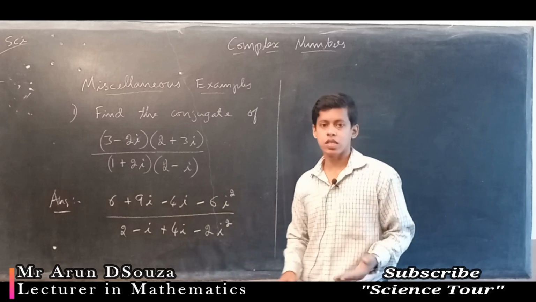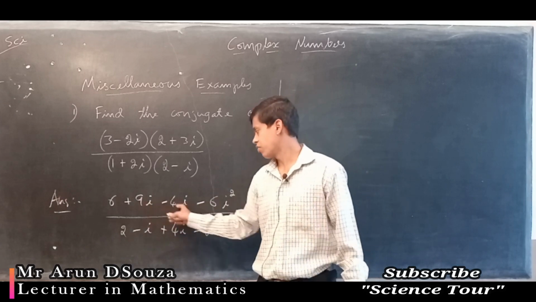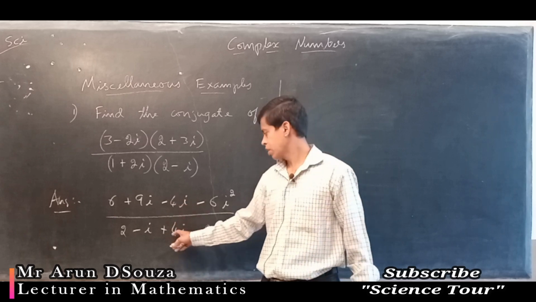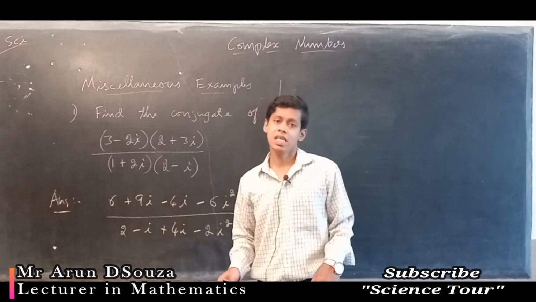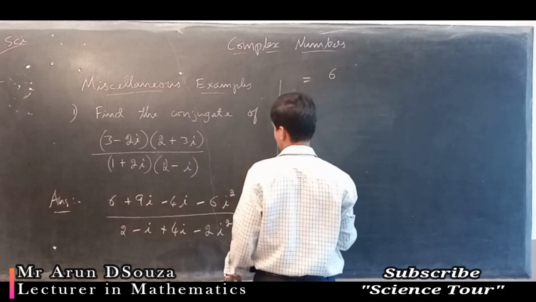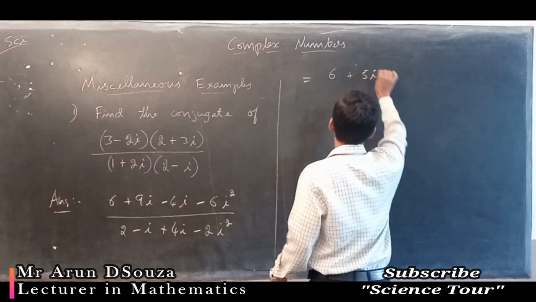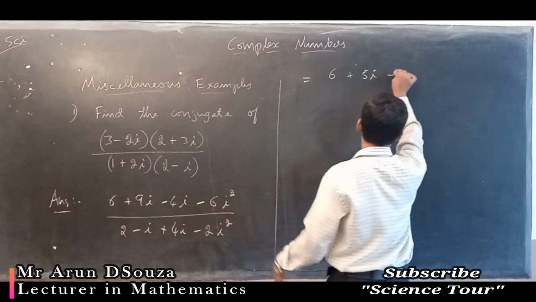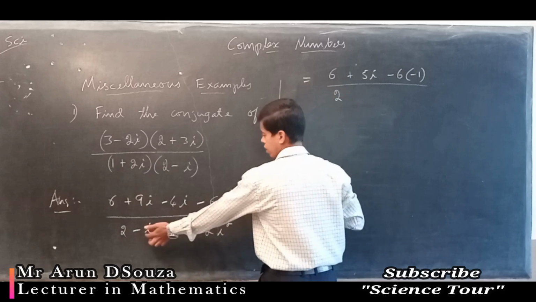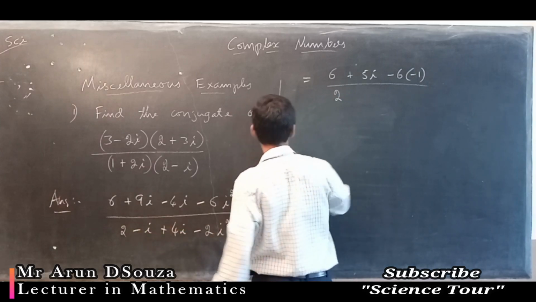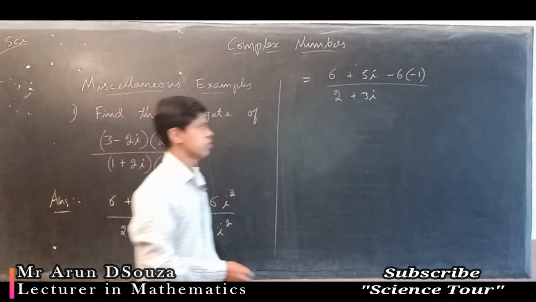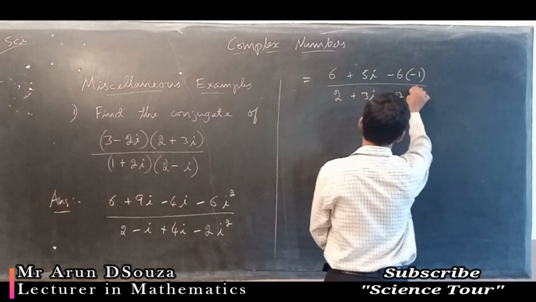So let us replace that, and we can simplify now itself. 9i minus 4i is 5i, then 4i minus i will be 3i. So 6 plus 5i, and then minus 6 into minus 1, divided by 2 here, and this is 4i minus i is 3i. Finally you have i square, which must be replaced as minus 1.